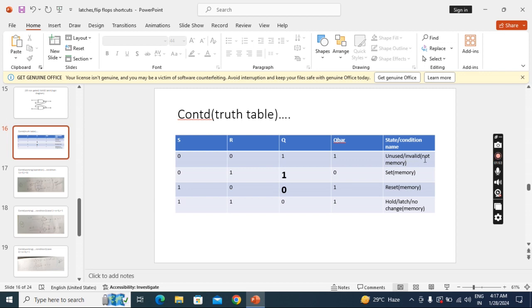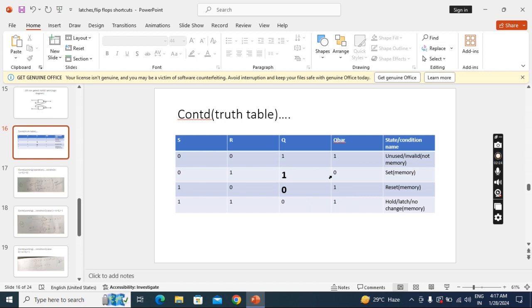This is not useful as memory, because ultimately this latch is for storage. These three conditions are called valid conditions because both outputs are complementary. These three we consider as valid conditions and memory conditions.